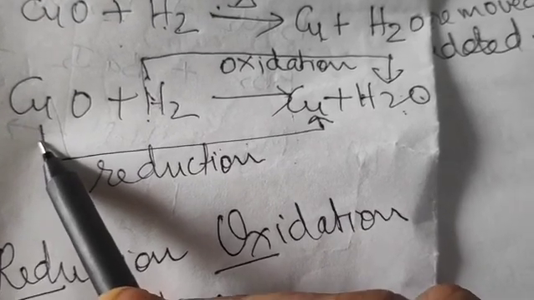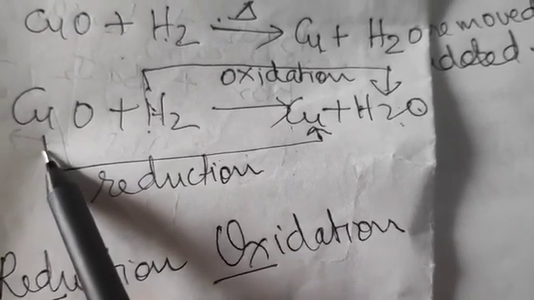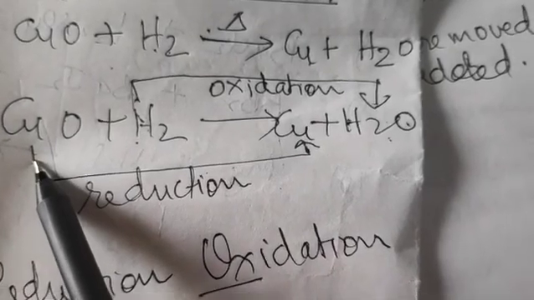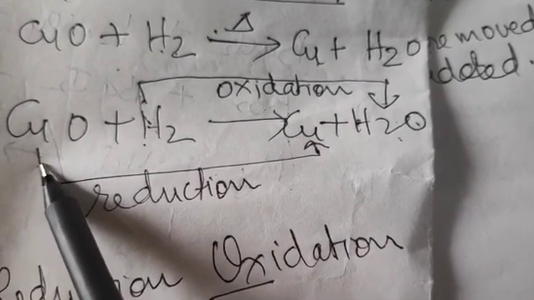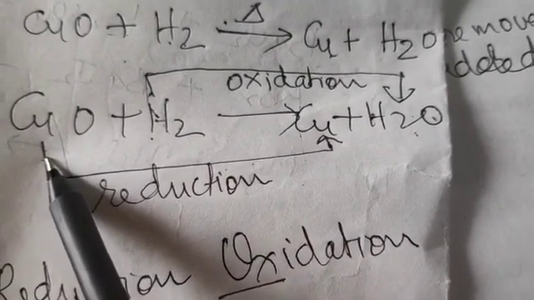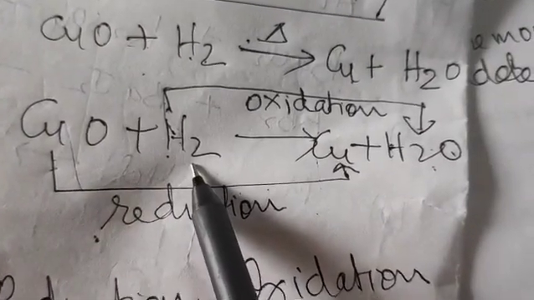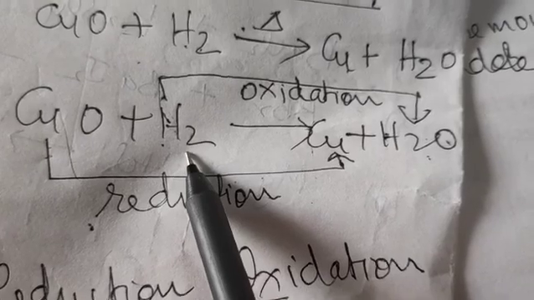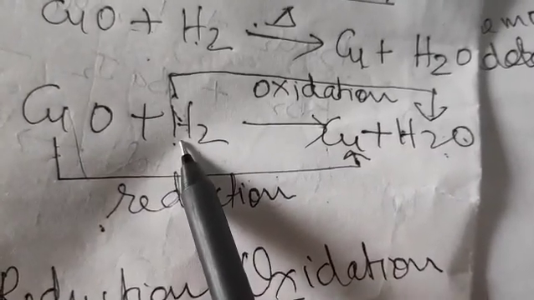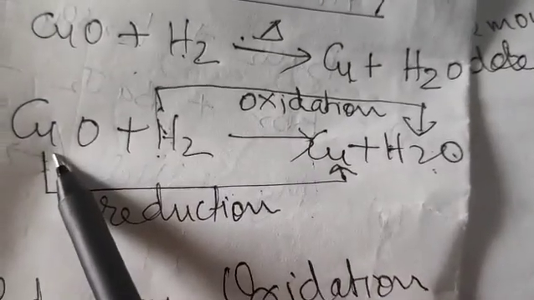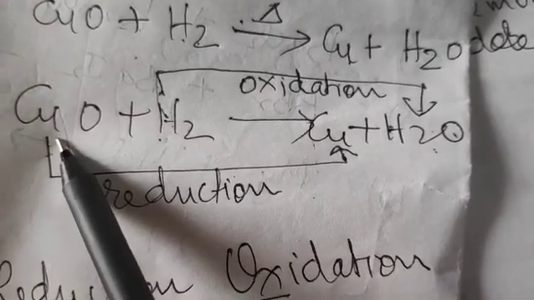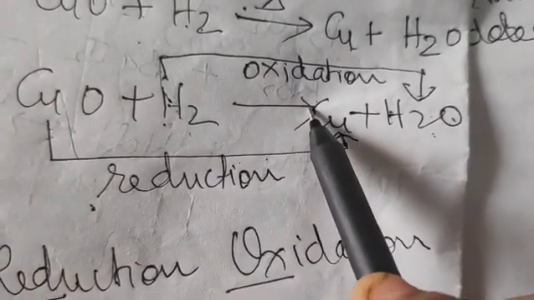The one which brings about the oxidation becomes an oxidizing agent. The one which results in the reduction reaction becomes a reducing agent. So, here hydrogen is bringing up the reduction, so it is an agent, but itself is getting oxidized. Copper oxide is an oxidizing agent, but itself is getting reduced.